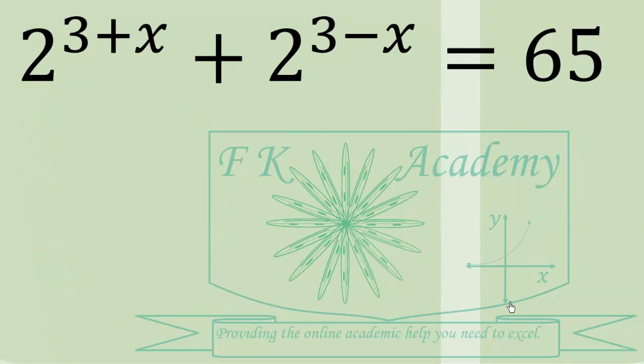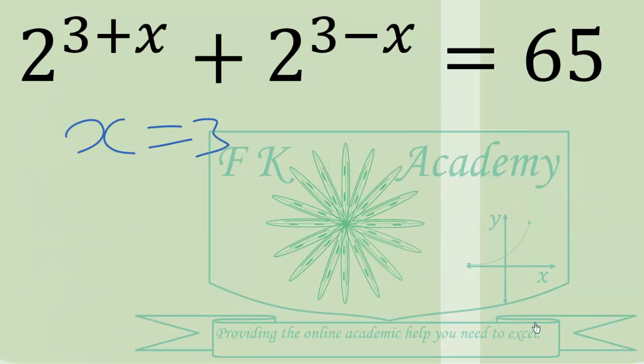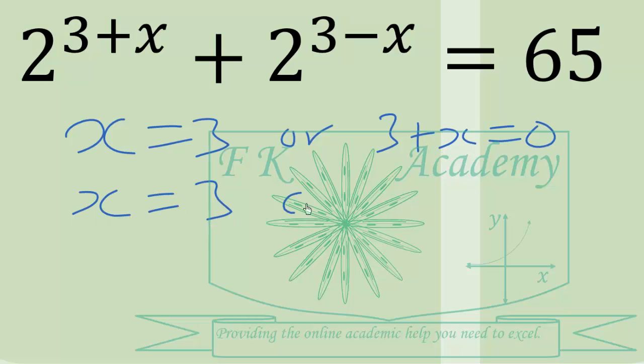So we will have either x equal to 3, which is for the first part here, equating the exponents, or 3 plus x equals 0. That is 3 plus x is equal to 0. So we have either x equal to 3 or x equal to negative 3.